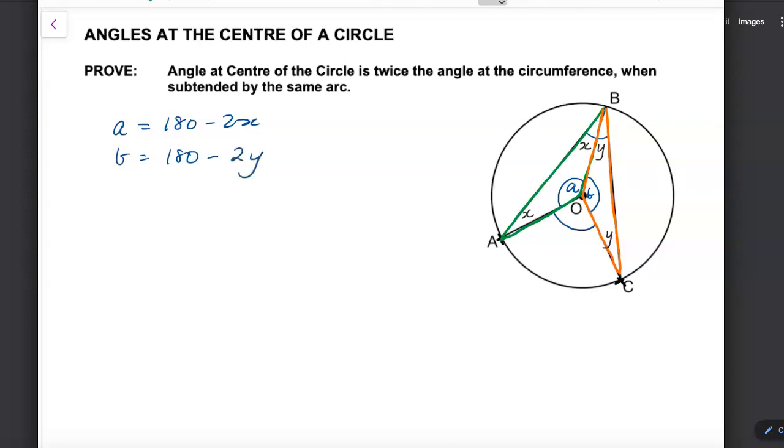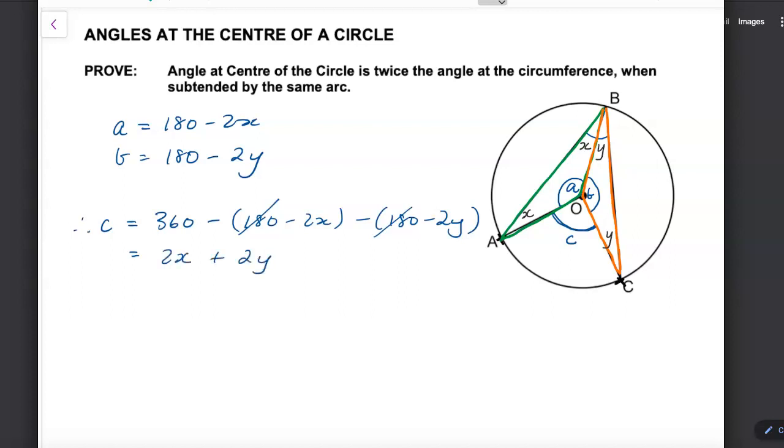So let's call this angle at the centre C. So therefore angle C is just going to be 360 degrees take angle A and take angle B. Neatening this up, we end up with 360 take 360 and 2x plus 2y because of those negatives. So that means if we take a common factor of 2, it's 2 lots of x plus y.